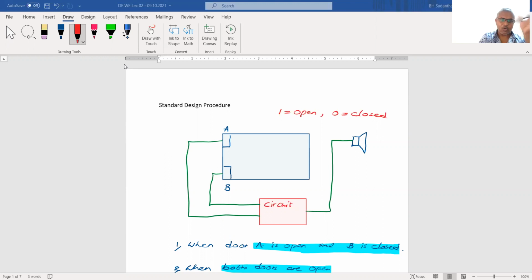So don't think about taking one door at a time. In this case, according to the conditions we have selected, whenever door A is open, the alarm should be sounded. But all the time it's not so; at different times the combinations may be different. Here we are making this standard designing procedure for all the cases.